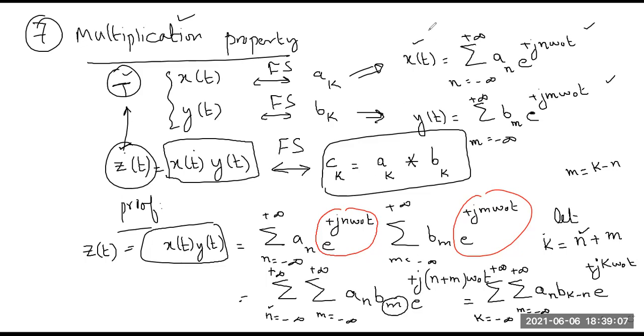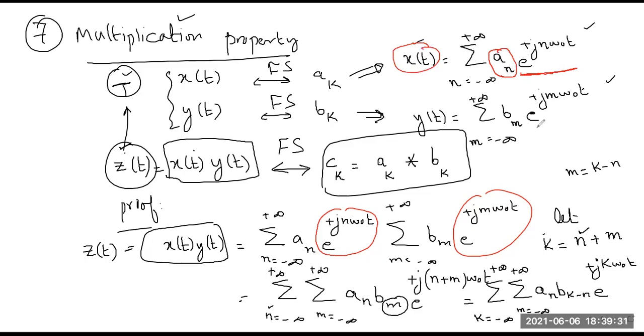Now, if you look at this expression, you can clearly see that anything which is beside this exponential term is the Fourier coefficient. So in this standard expression, we will say that these are the Fourier coefficients of this signal.